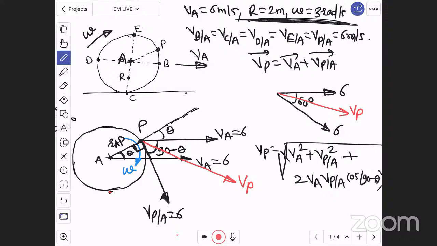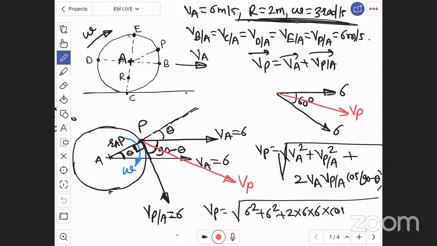My dear students, angle between velocity of A and velocity of P with respect to A is 90 minus theta. Therefore, velocity of P will become equal to under root of 6 square plus 6 square plus 2 into 6 into 6 into cos 60. And cos 60 कितना होता है?